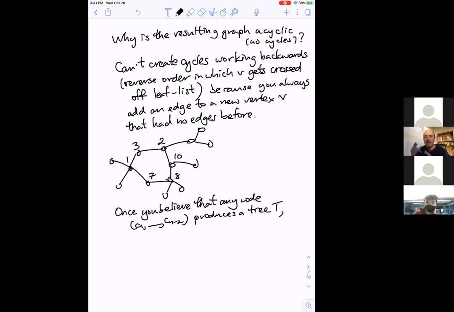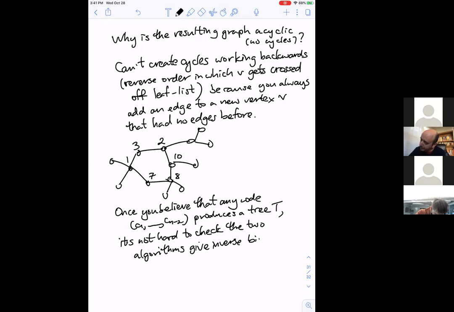Then it's not too hard to see that that tree, when you do the proof for coding, will correspond to that code. So you can check that these maps are inverse to each other. Okay, so I'm going to regard that as the end of the proof.